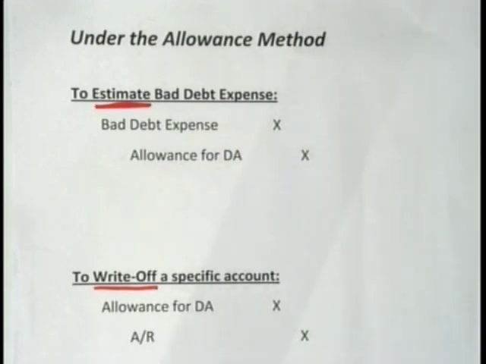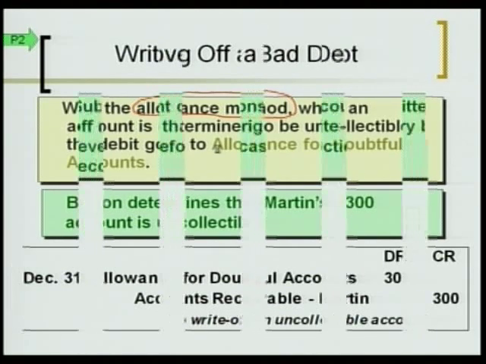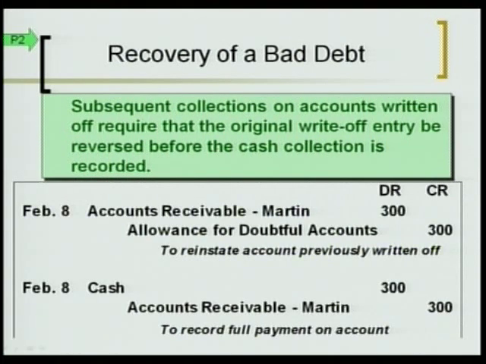Now, let's go back to what if we write off this account for $300 for Barton, and then guess what happens? He comes in and wants to pay it off. Well, then all we would do is make this entry right here to reinstate it. This is just a reversal of the entry we just made, correct?